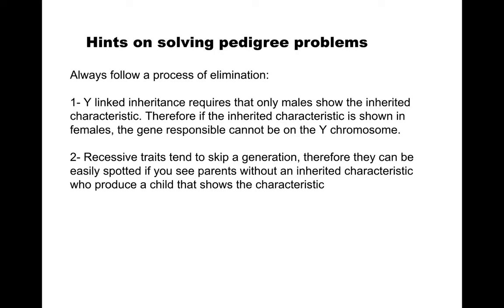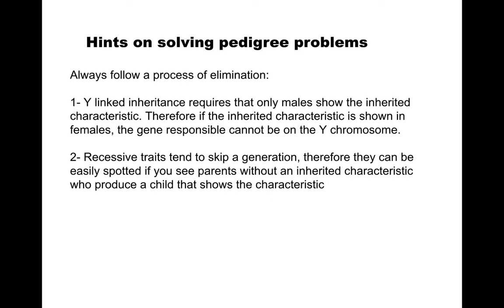Another thing you want to look for is for recessive traits. Recessive traits tend to skip a generation. So what does skipping a generation mean? It means that if you can find parents who do not show a characteristic, but all of a sudden they have a child that has that characteristic, that's the hallmark of skipping a generation.